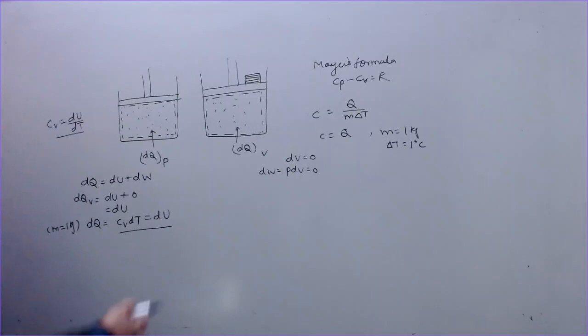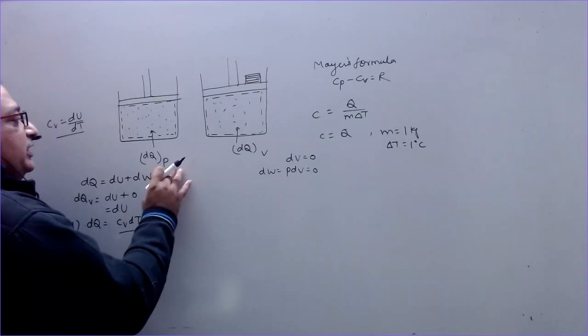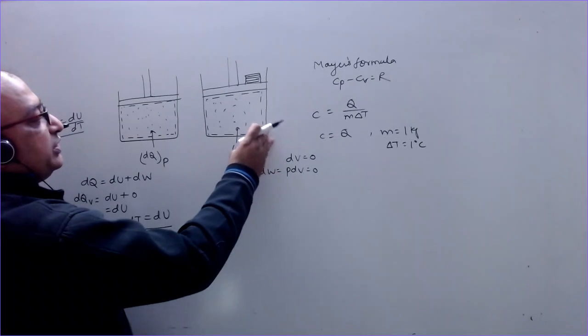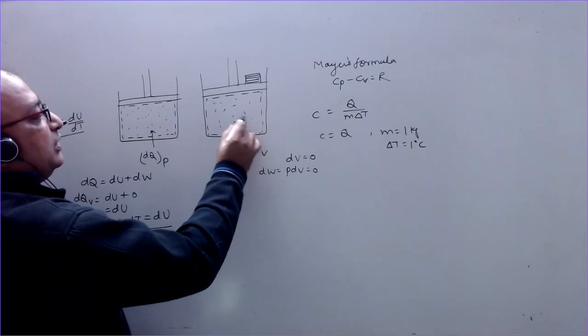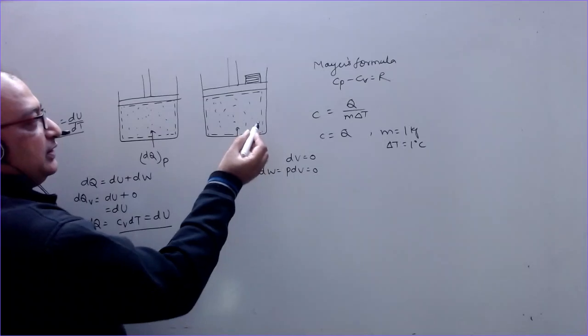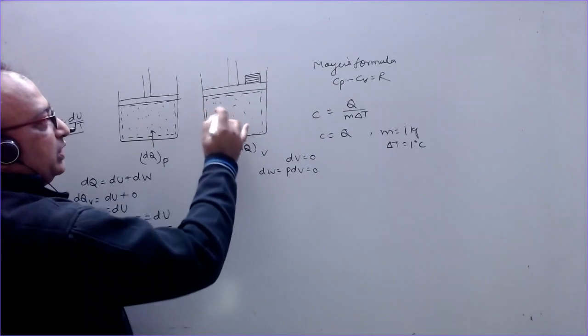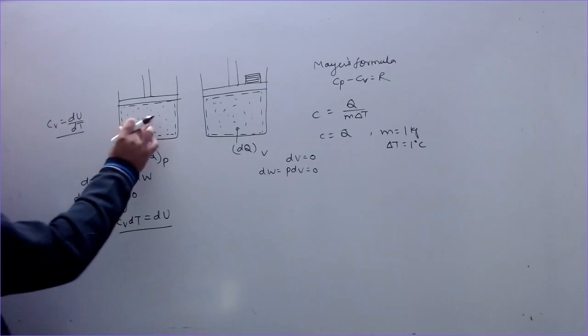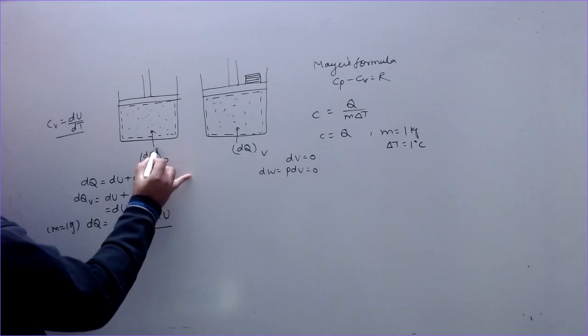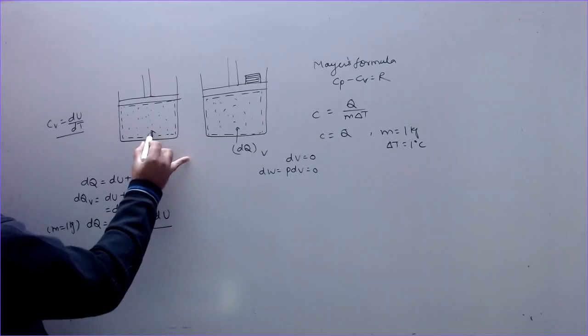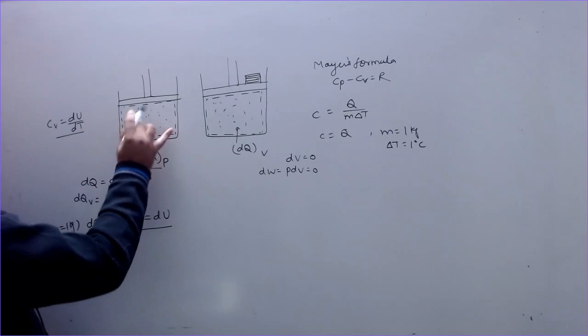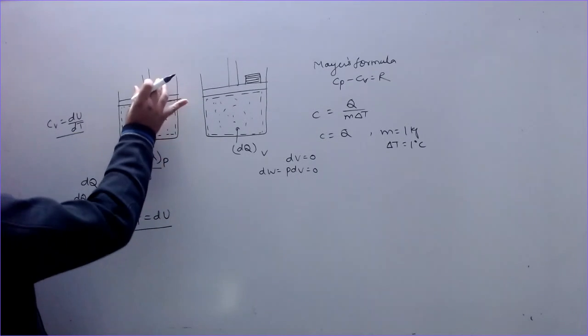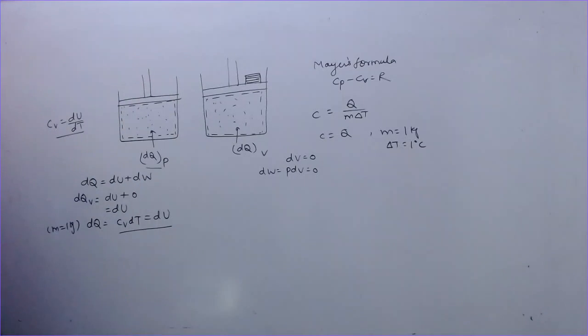Now what is happening here? The whole of the energy in this case is used in increasing the temperature of the system by 1 degree Celsius. The system does not have to do work against the surroundings in expansion. And what is happening here? The energy supplied at constant pressure is used up in increasing the temperature by 1 degree Celsius plus doing work against the surroundings, the expansion of the system.